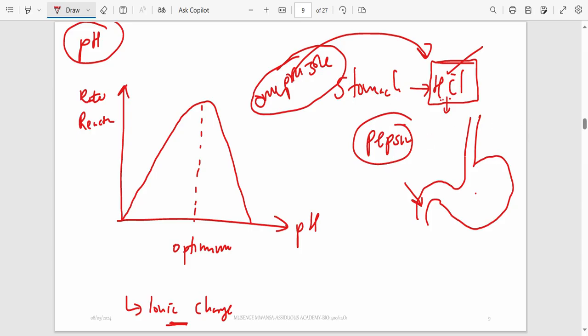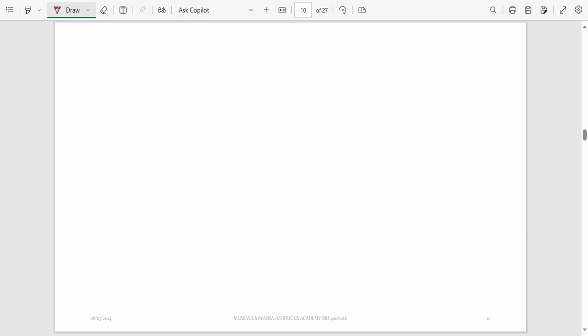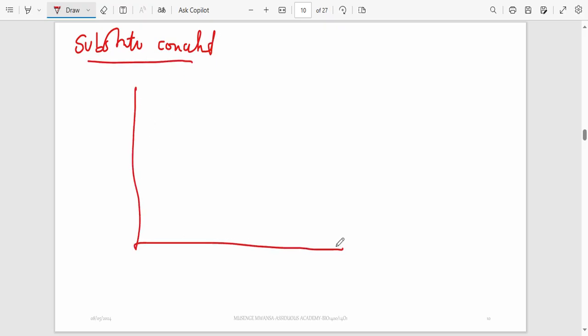Okay. Another thing that will affect the rate of the reaction is the concentration of substrate. When you're talking about substrate concentration, how does this affect our reaction? Here we have the rate, and here we have the substrate concentration.